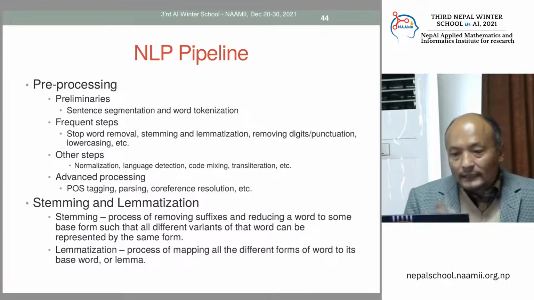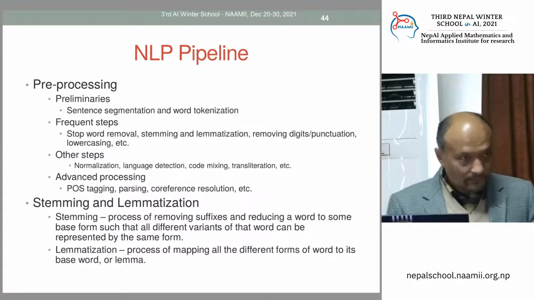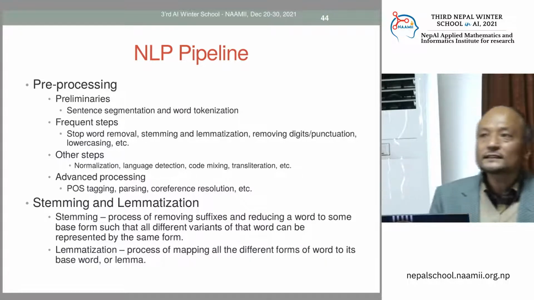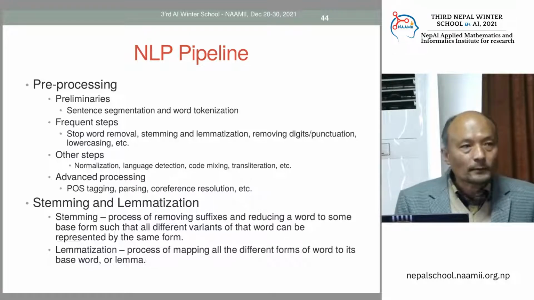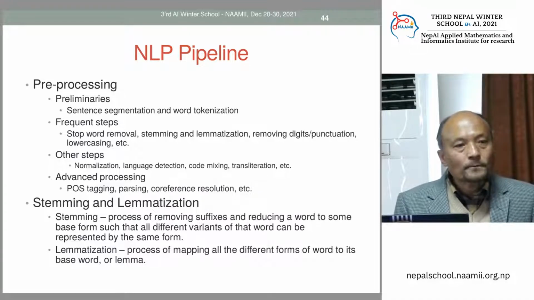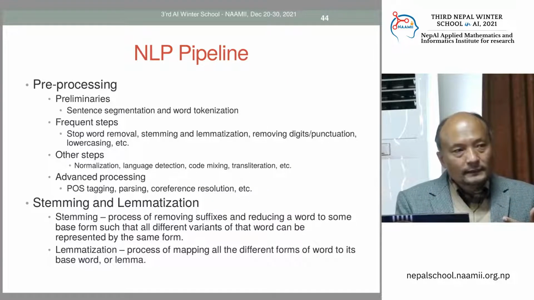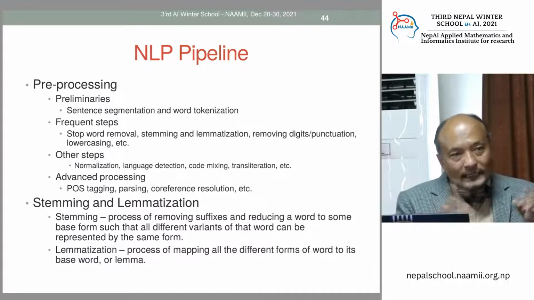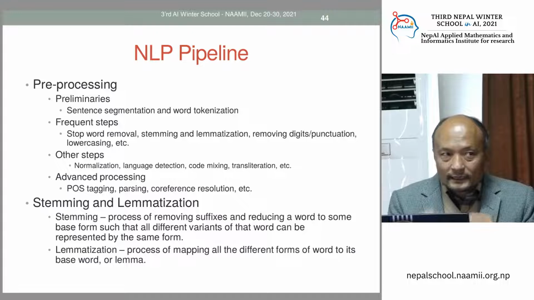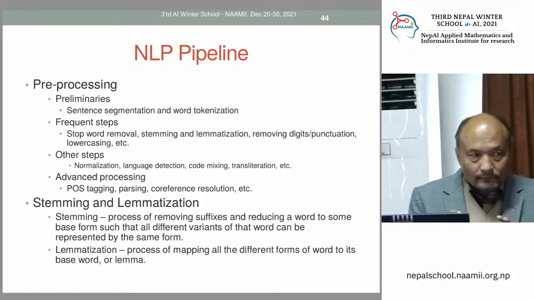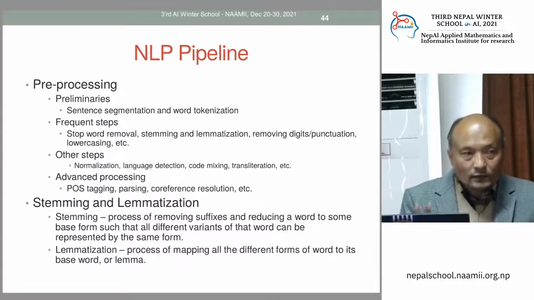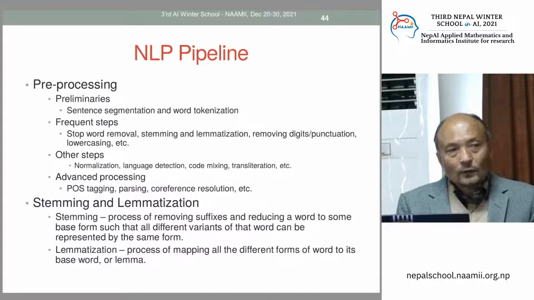The other thing is language detection. These days it's very common to have different forms of text. It could be transliterated, Romanized text. Some people type in Romanized English, some people type in Nepali, some people type in English.